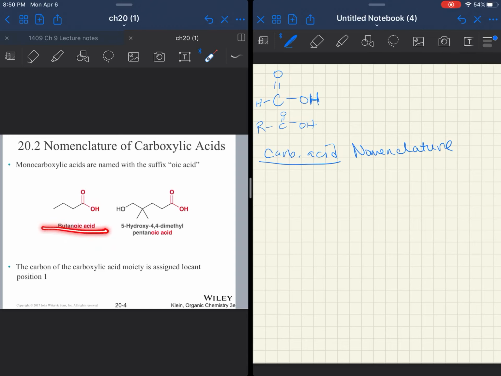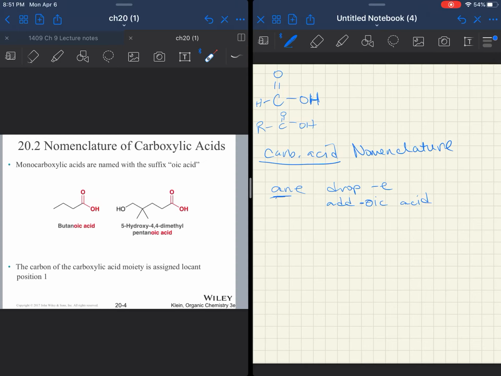What you want to do is always start at the carboxylic acid end. For instance, this example over here is a 4-carbon chain. So butane, you drop the E and you add oic acid.